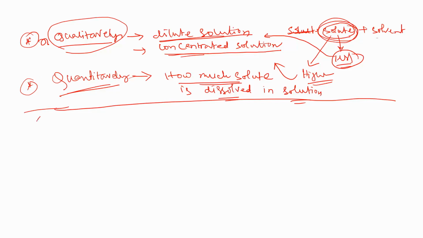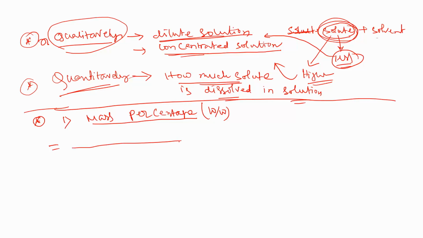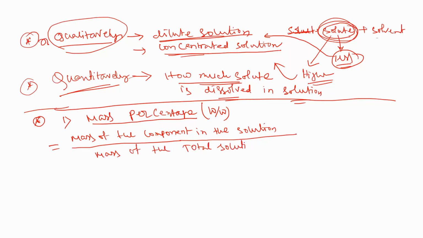The first way is mass percentage. Mass percentage means W by W. It is defined in this way: the mass of the component in the solution by the mass of the total solution into 100.